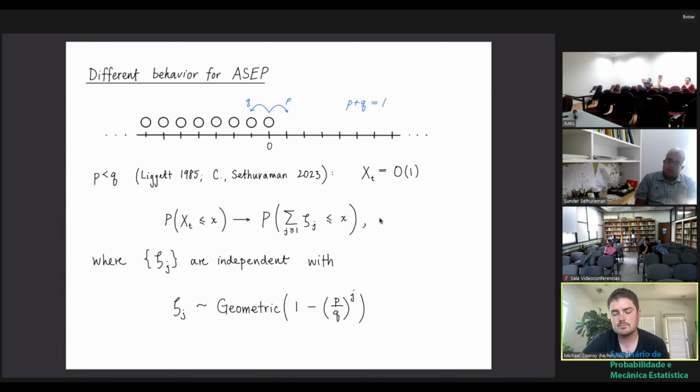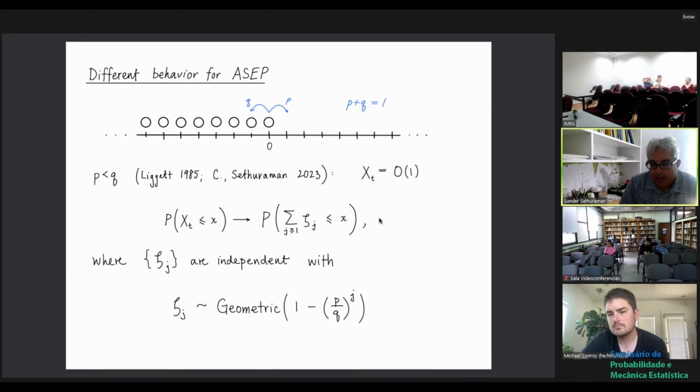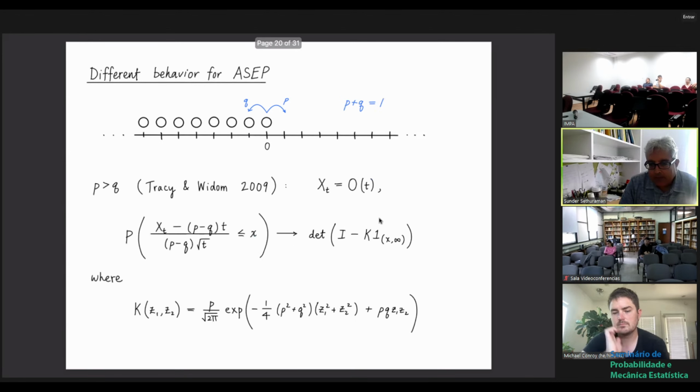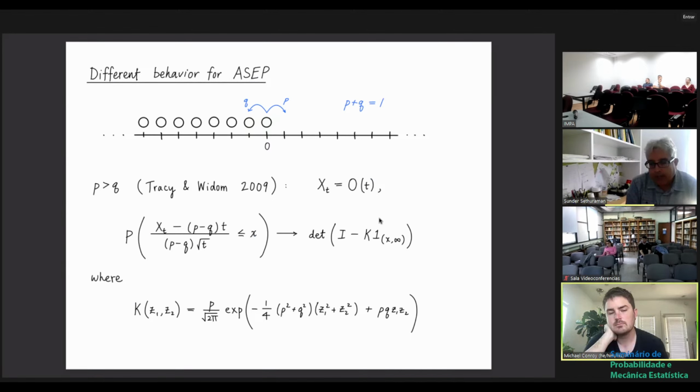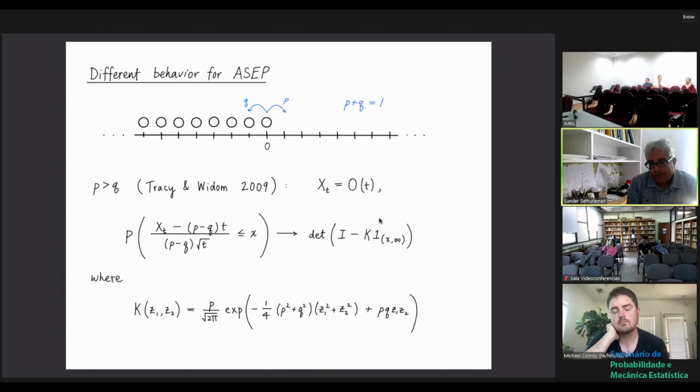I can comment that even in the Tracy-Widom result, it's stated for the nearest neighbor case. So if you had non-nearest neighbor but with a drift, then that's an open question as well.